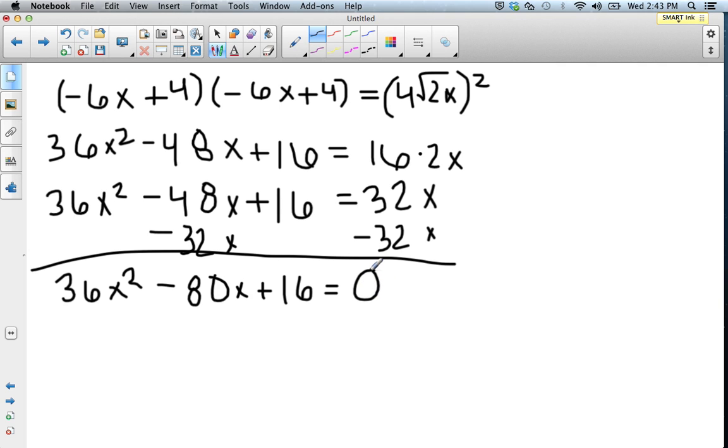Now these are really big numbers, so I want to start simplifying this a little bit so my numbers aren't quite so big. I know that 4 goes into 36, 80, and 16. So 4 times 9 is 36. If I divide this by 4, I get 9x squared.